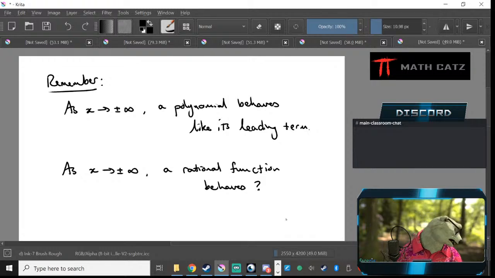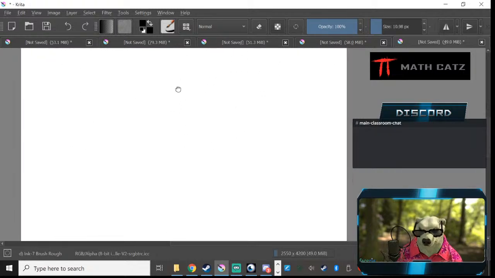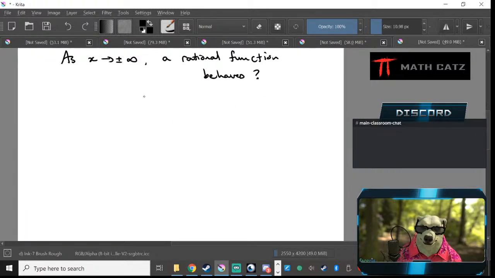Now, it's really all good news because a rational function is just made up of a couple of polynomials. The news is pretty good because it's polynomial over polynomial.